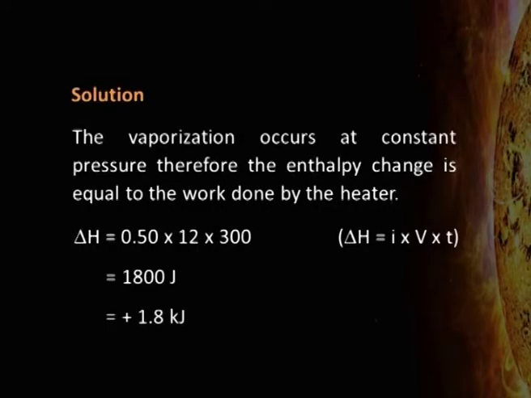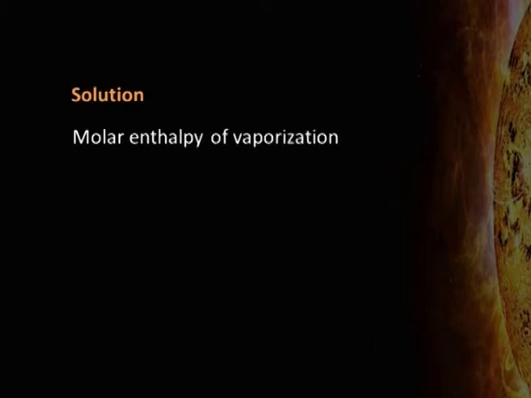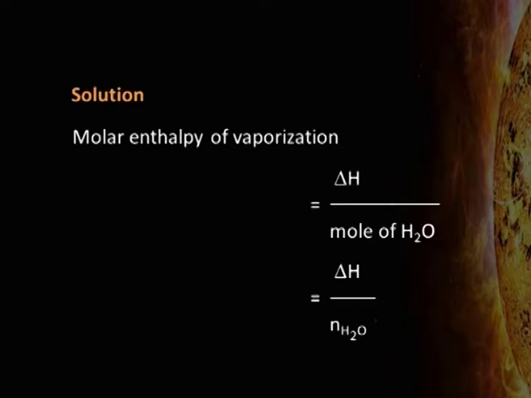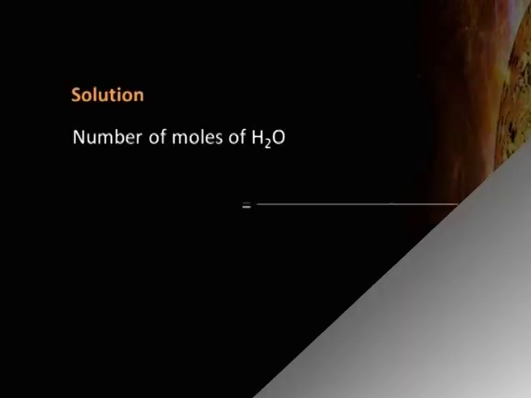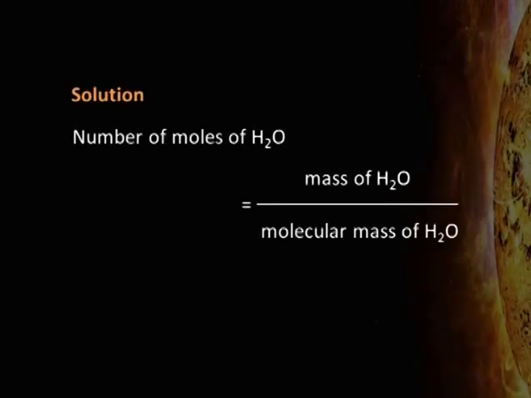Converting 1800 joules to kilojoules, we will get 1.8 kilojoules. Molar enthalpy of vaporization will be equal to delta H upon number of moles of water. Number of moles of water will be equal to mass of water divided by molecular mass of water. You know that molecular mass of water is 18.